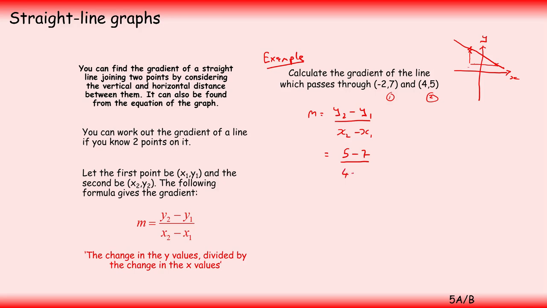So be careful, 4 minus 2. That gives us -2 divided by 4 minus 2 is 4, add 2, so it'd be 6. So we've got -1/3. That's an example for you. Copy it down and we'll have a look at another one. So hit pause. When you're ready, hit play again.